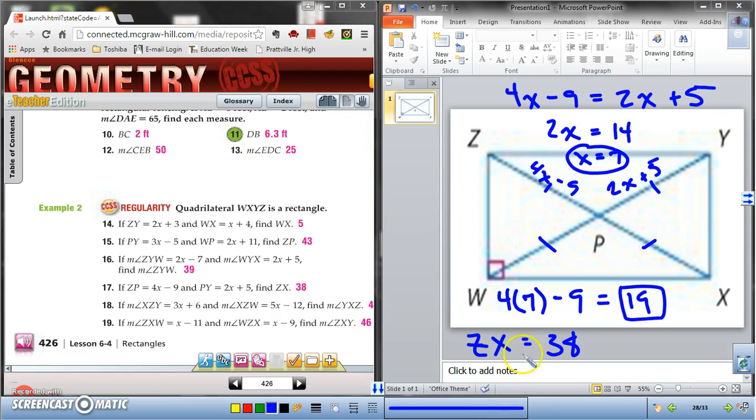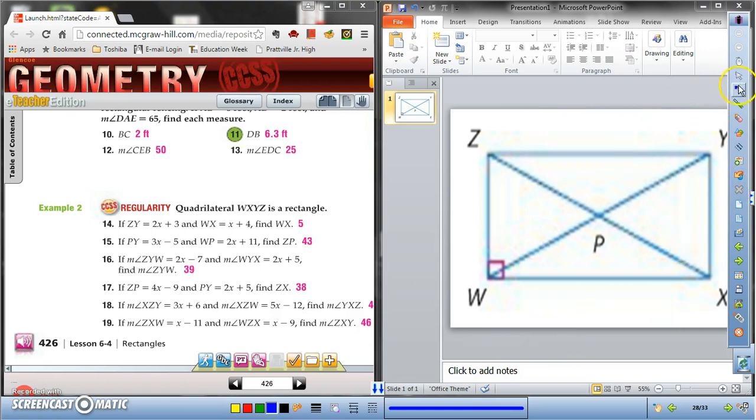Number 18, back to angles here. 18 says that the measure of angle XZY, so XZY would be this angle right here, and it is defined as being 3x plus 6.